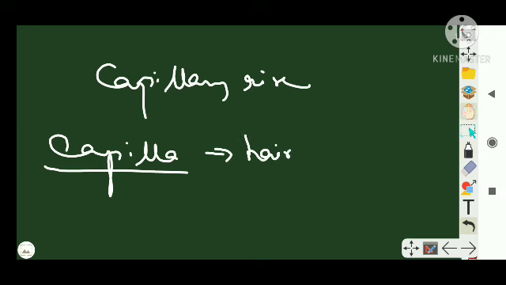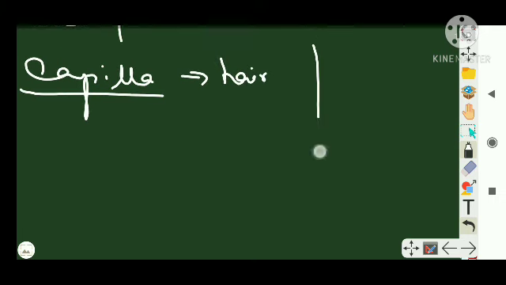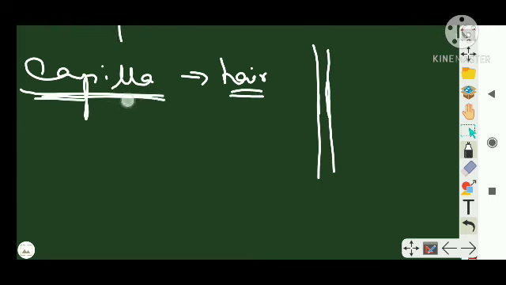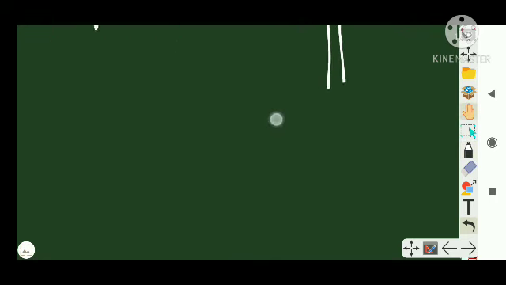So a tube-like section which is as narrow as a hair is usually called a capillary tube. Most of the time we take all tubes as capillaries, but the actual meaning is a tube having a size very small, like that of hair.